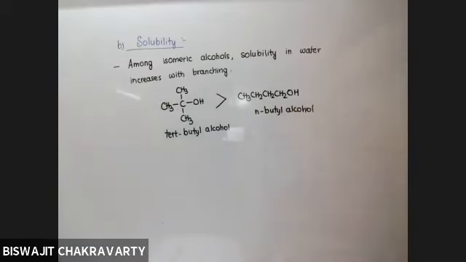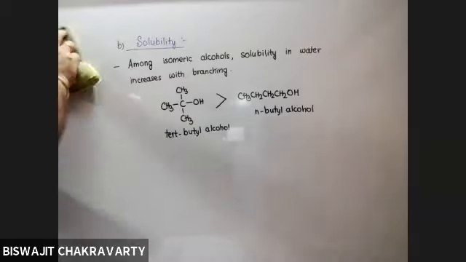Because tert butyl is most branched, having least surface area and least dominance of hydrophobic alkyl group. But N-butyl alcohol is just the opposite, where the alkyl group has maximum dominance. Clear? Yes, sir. Okay.